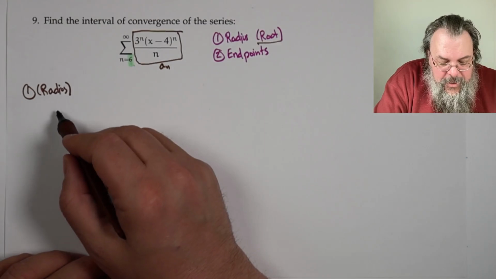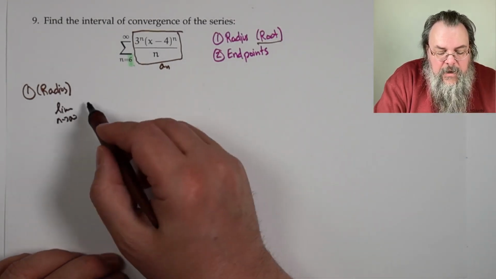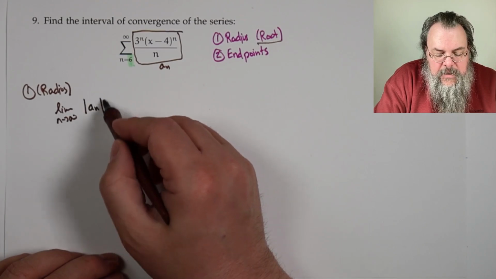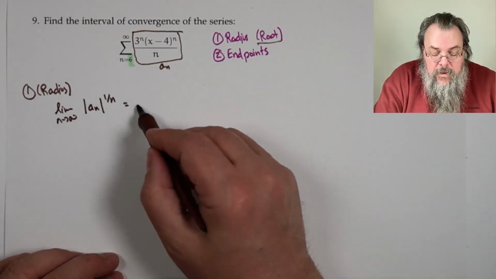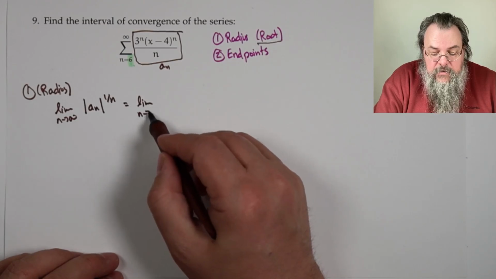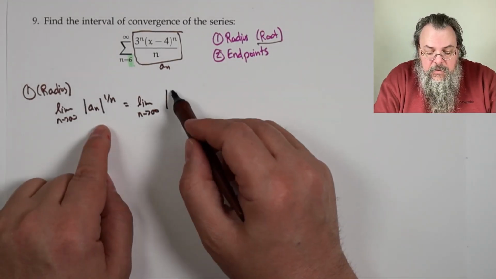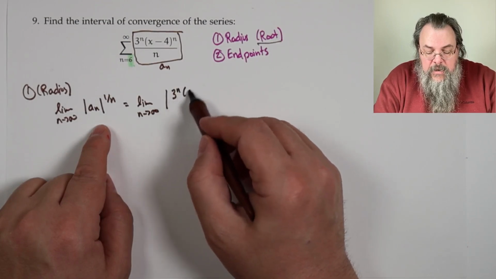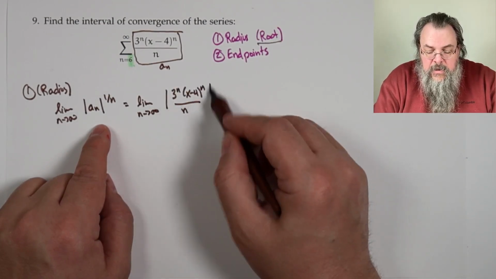Okay, so here we go. We're going to take our limit as n goes to infinity of the absolute value of a sub n to the 1 over n. So the limit as n goes to infinity of, taking our absolute value, 3n times (x minus 4) to the n over n, all to the 1 over n.